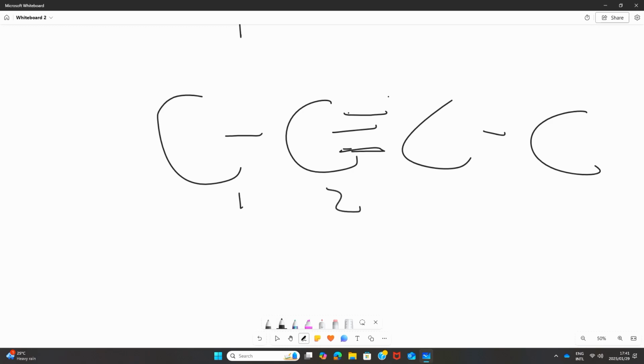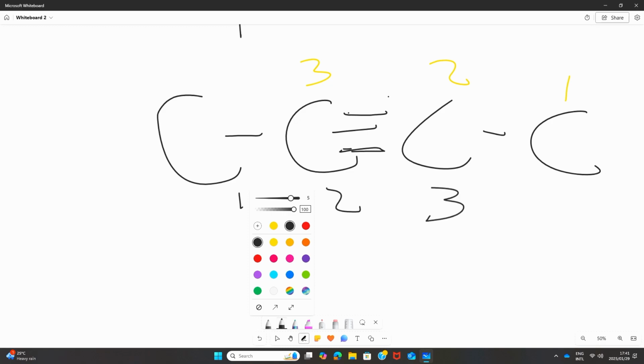Counting from right to left, this would be 1, 2, 3. The triple bond is between 2 and 3 from left to right. So whether you start from the right or the left, it will still be between 2 and 3.